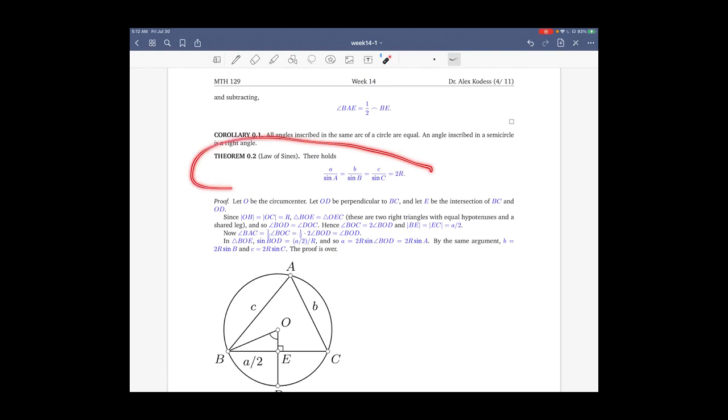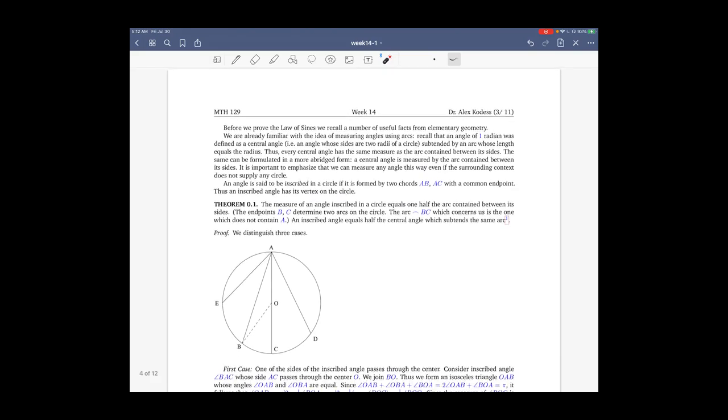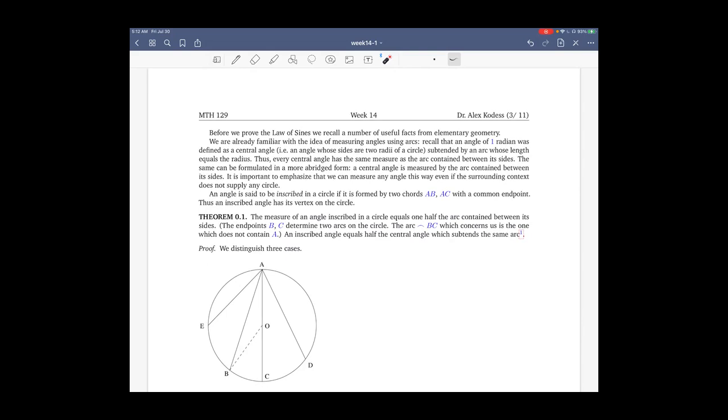But before we get to the proof of the law of sines, we need to prove another auxiliary result concerning angles related to a given circle. Let us first of all recall that we measure angles by the length of the associated arc in a circle. More precisely, if we remember how we define 1 radian: when do we say that this angle is 1 radian?